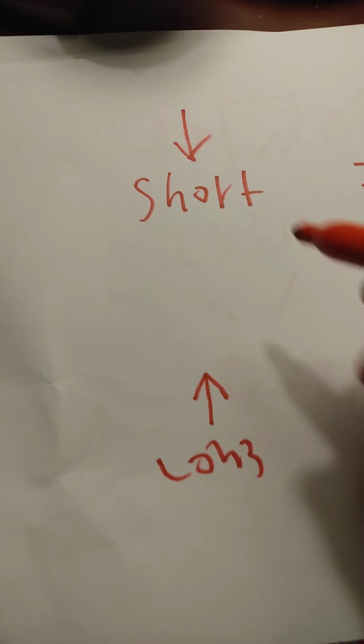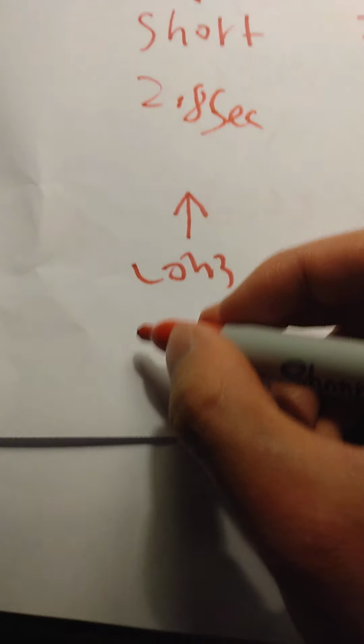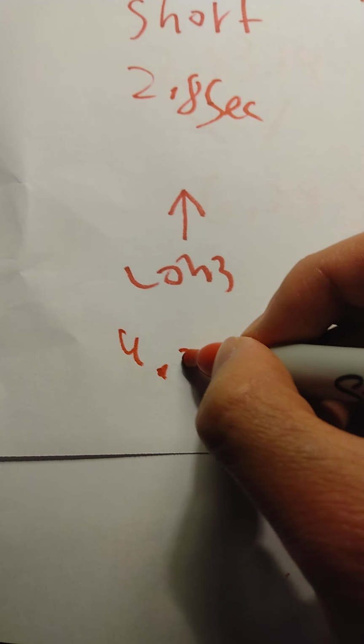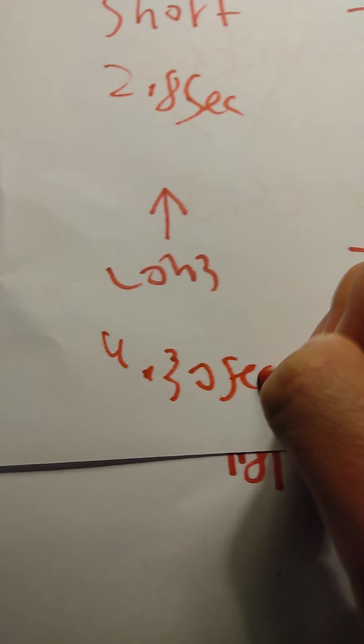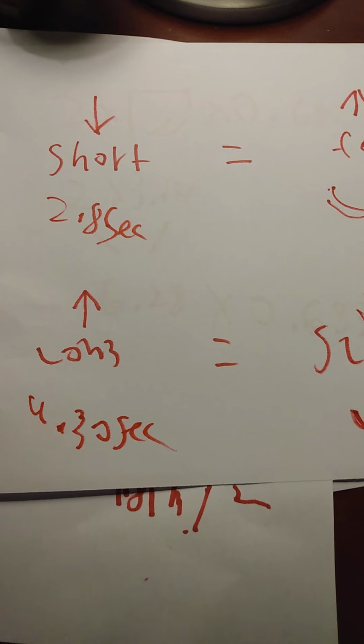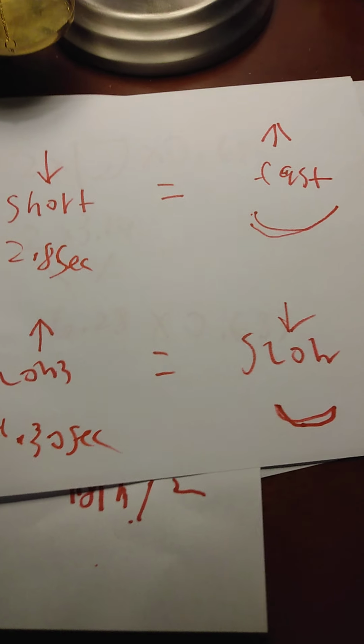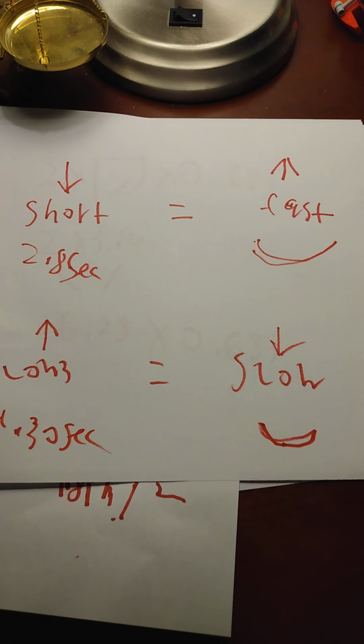For the first problem, the short one, it was 2.8 seconds. But for the long one, we doubled the length, and it was 4.3 seconds if we rounded it. So, the shorter the pendulum, the faster it goes.